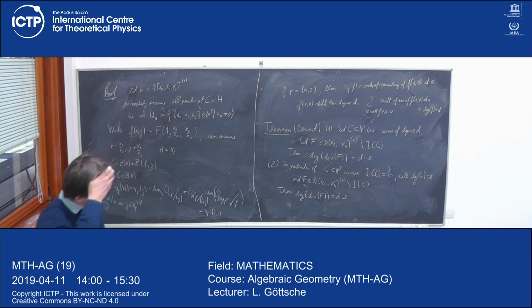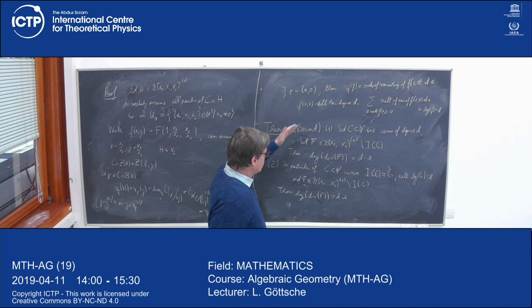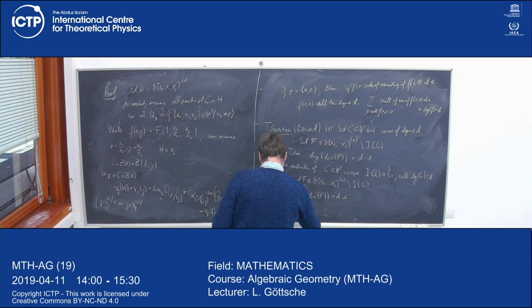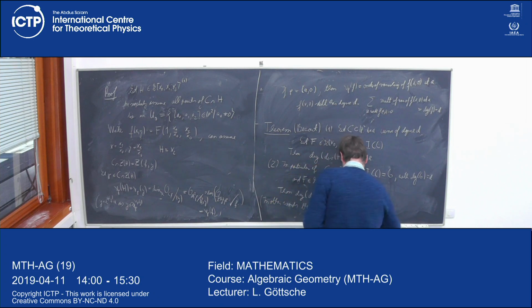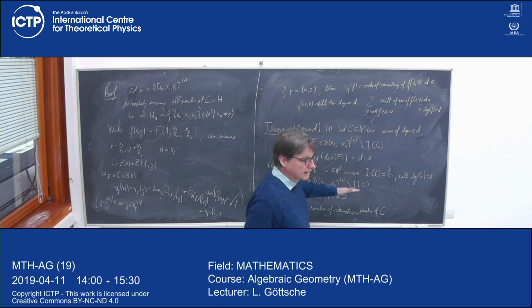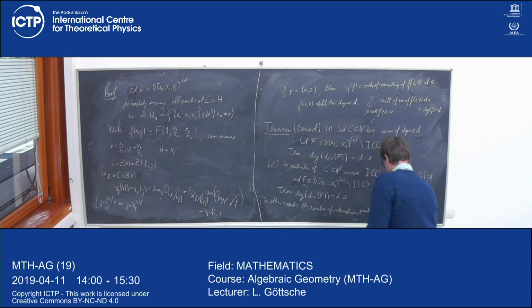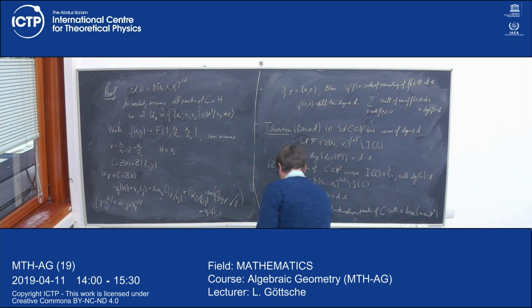And so in other words, the number of intersection points of C with a general line or hyperplane, a line in case P2, or a hyperplane, is d times e.